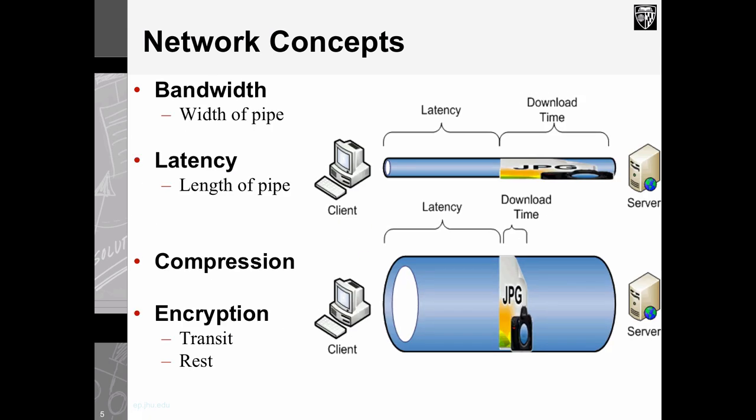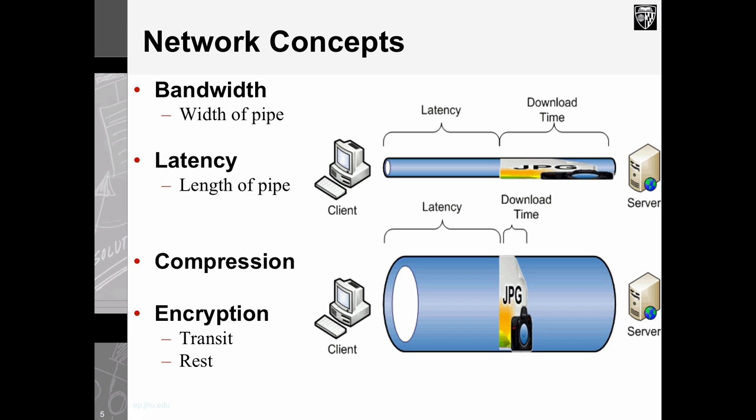Now some of the networking concepts that are critical for us to design our systems. The first concept we want to talk about is bandwidth and latency. A lot of people get confused between those two concepts, so let me take a minute to explain the difference. If you think of the internet as a series of pipes, the bandwidth is the width of the pipe, how big or how fat your pipe is, and the latency is the length of the pipe.